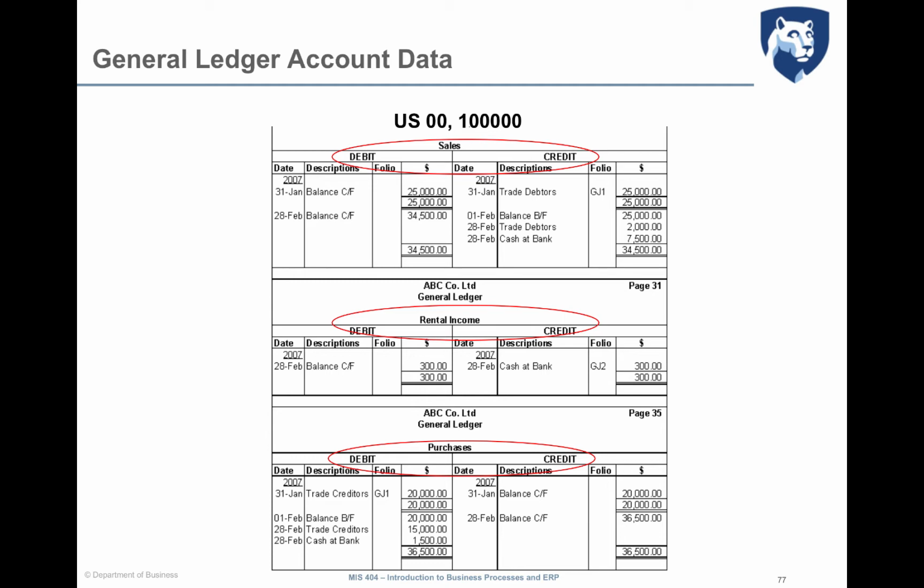In this case, we want to show the general ledger account data of GL00 used by the company US00 related to sales, rental income, and purchases. And in this case, you see all the financial events that have interested the company during the year expressed in dollars, as US00 required the chart of accounts to be displayed in the chart of accounts of sales, rental income, and purchases displayed in dollars.